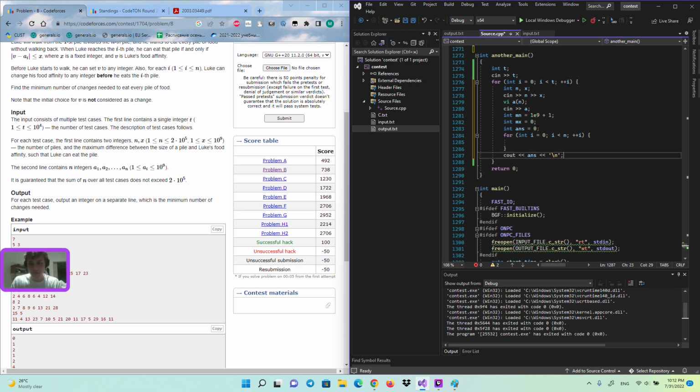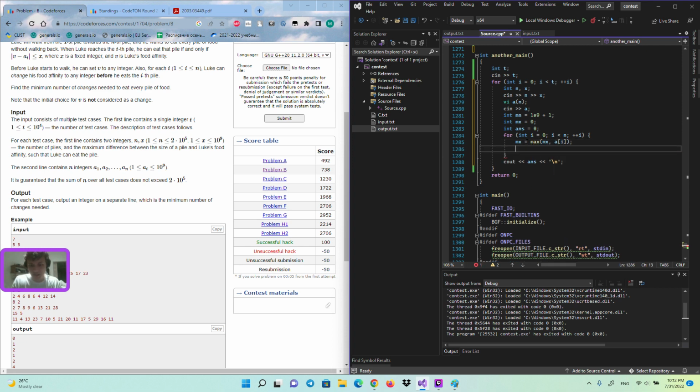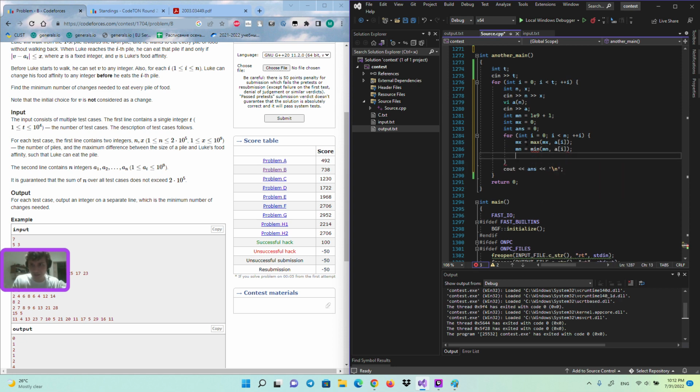So maybe it must be okay, 0. We do the following. We say that mx is max of mx and ai, and mn is minimum of mn and ai, and if mx minus mn is greater than 2 times x, then we cannot leave it like this anymore.